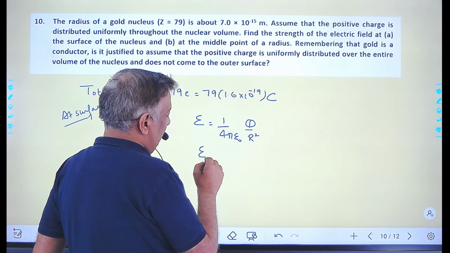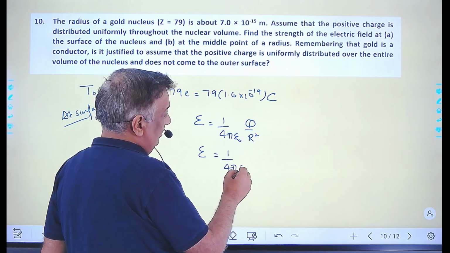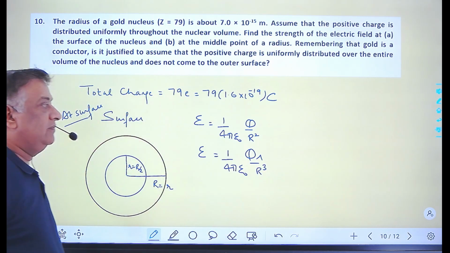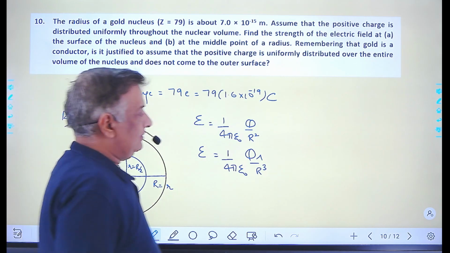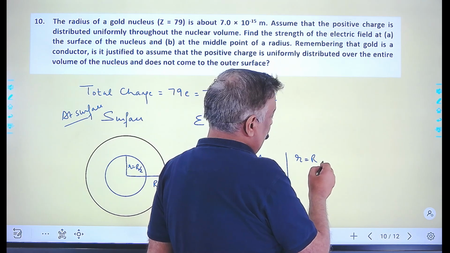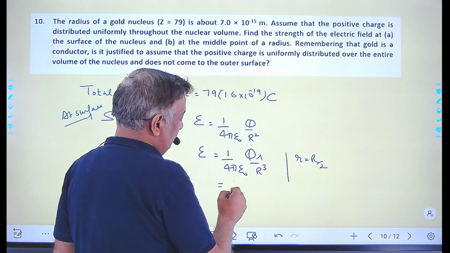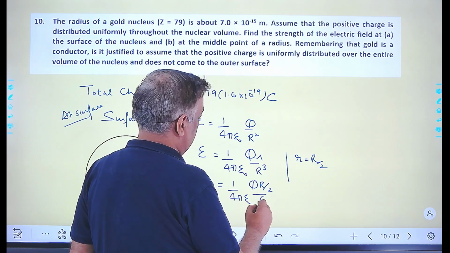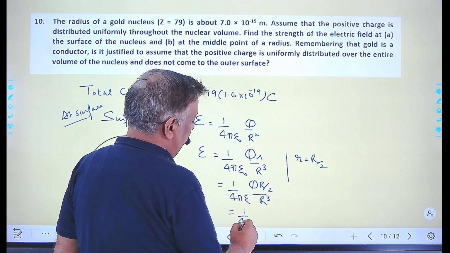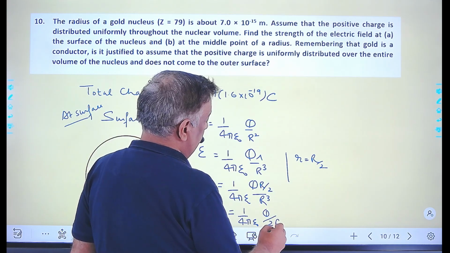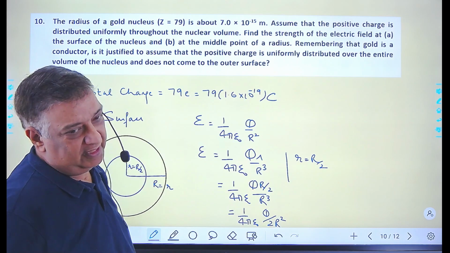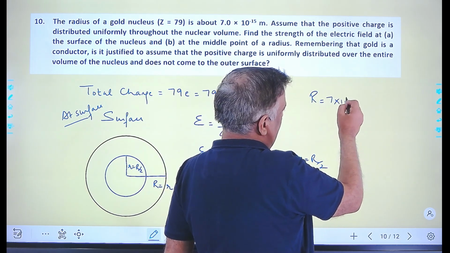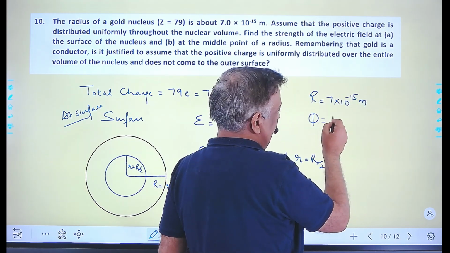At a distance R by 2 निकालोगे, हमने फॉर्मूला ड्राइव किया था। हमें Q पता है, इस केस में लेना है r is equals to R by 2। R को R by 2 पुट करोगे तो this becomes, so you get 1 by 4 pi epsilon naught Q by 2 R square, और यहाँ पे 1 by 4 pi epsilon naught Q by R square। Q भी पता है, R भी पता है। R हमें given है 7 fermi, Q is 79 e.